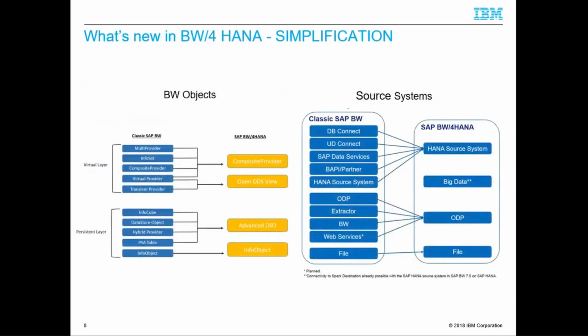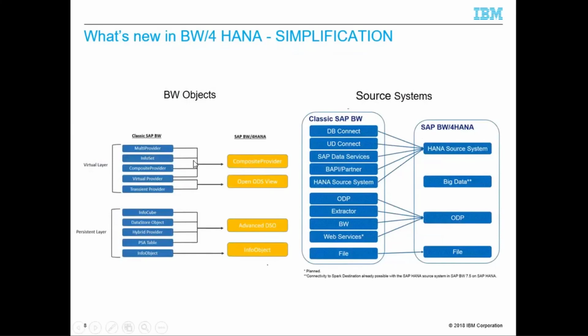This is just a schematic diagram of what has changed from the classical SAP BW systems. On the left hand side, we are comparing the BW objects. In the classical SAP BW systems, there were a lot of objects, and they have been reduced to only 4.